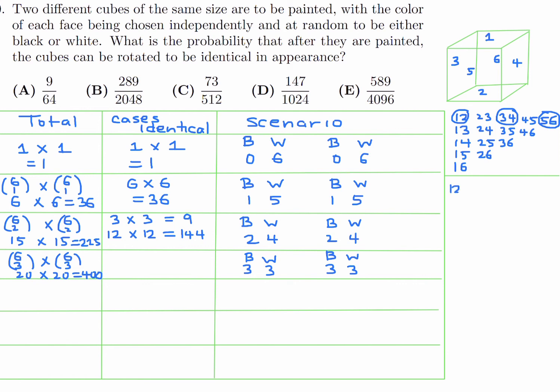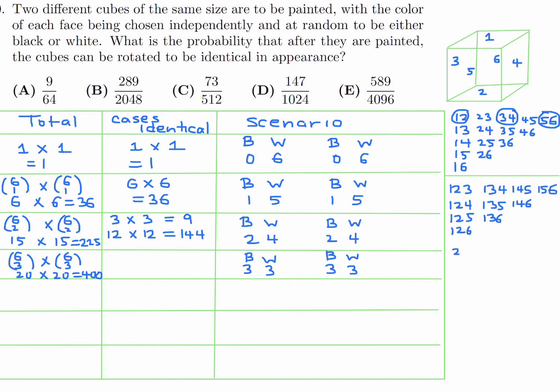So that's either 1, 2, 3, 1, 2, 4, 1, 2, 5, 1, 2, 6, right? 1, 3, 4, 1, 3, 5, 1, 3, 6. Then we have 1, 4, 5, 1, 4, 6, and then 1, 5, 6. All right.